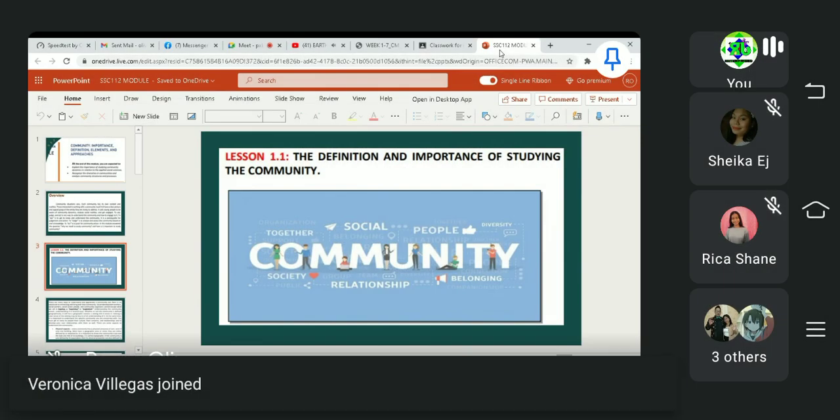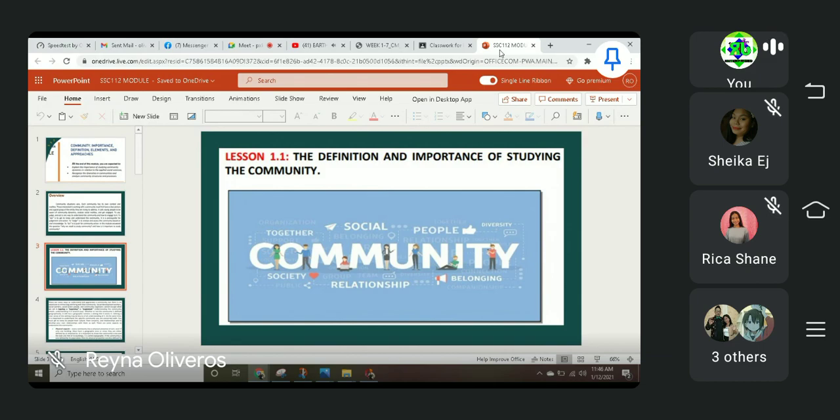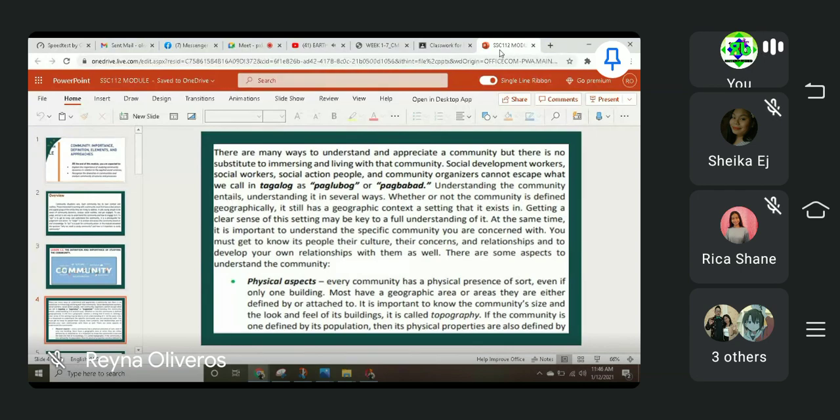Yun daw yung mga words na unang-unang naiisip ng tao kapag tinanong sila, ano yung community? Sabi dito, there are many ways in order for you to understand and appreciate a community. But there is no substitute to immersing and living with that community.